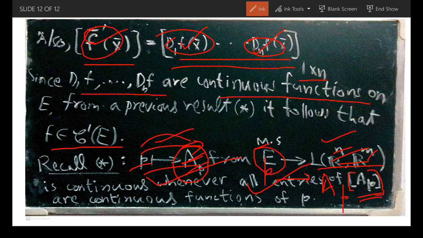So that is what this says. The entries of the matrix for f dash x are continuous functions of x. Therefore, the mapping x going to f dash x, instead of P I am using x, the mapping x going to f dash x is continuous. This is precisely saying this is in C dash E.